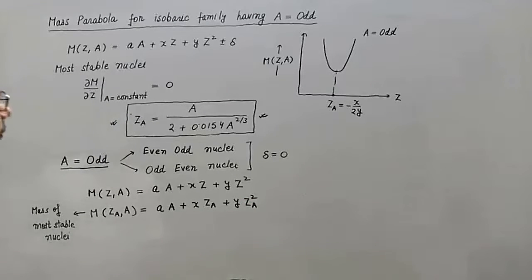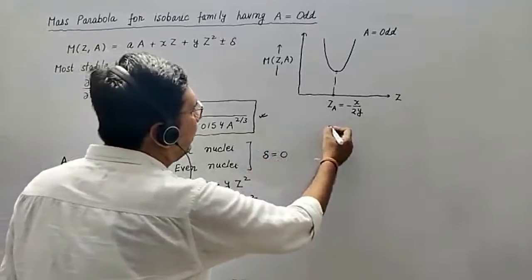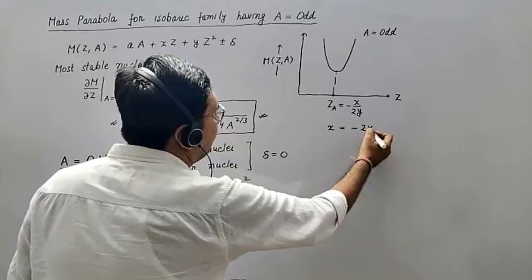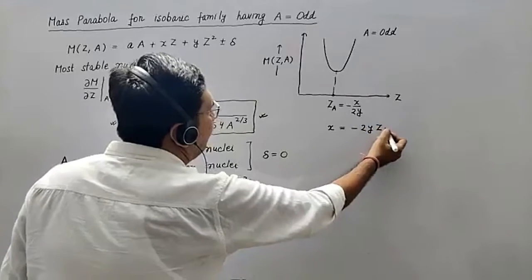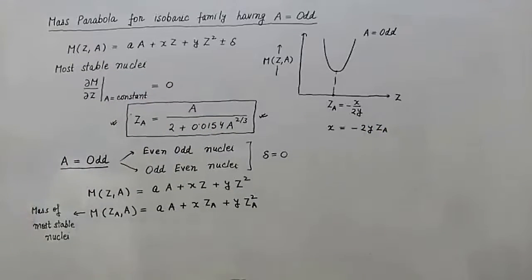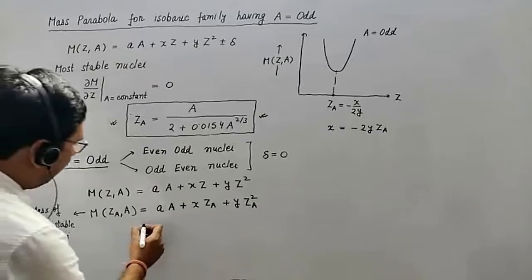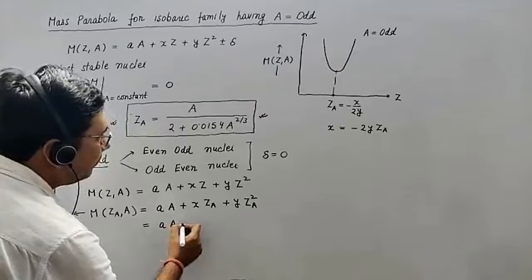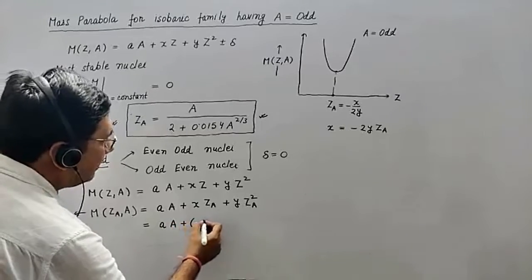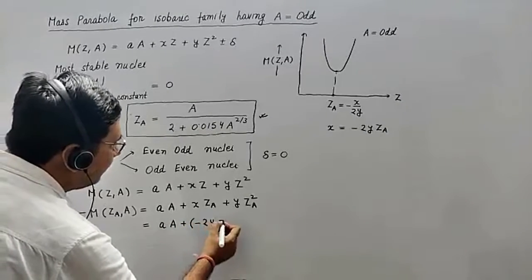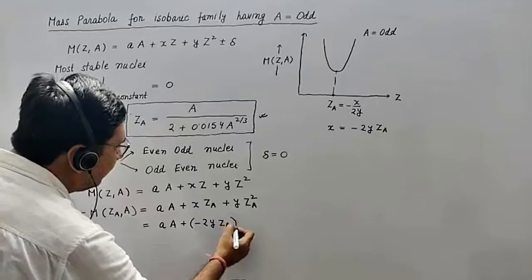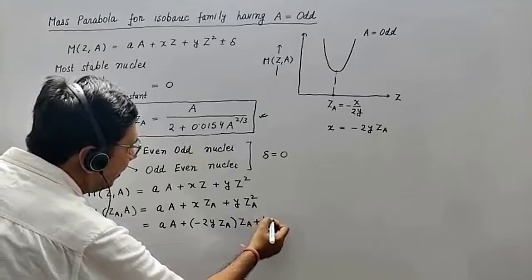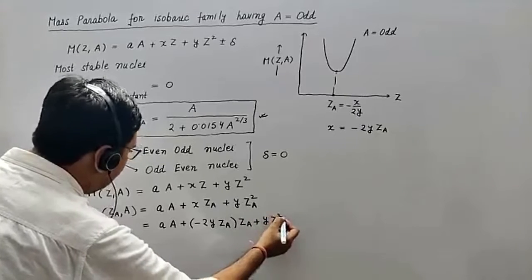Now, what is the value of X? From here we can find that X is equal to minus 2Y into ZA. Substitute this value of X here. So this will become alpha A plus minus 2Y ZA into ZA plus YZA square.